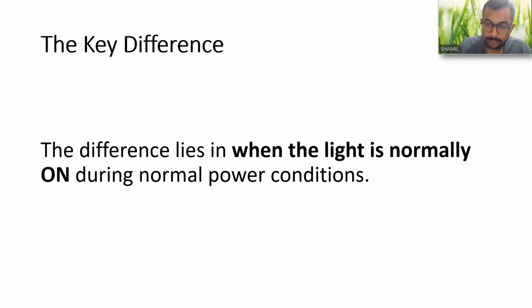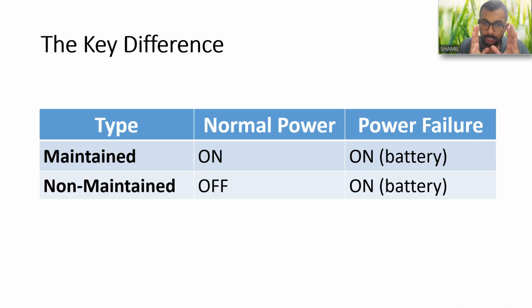Let's do a comparison. In the maintained type, during the normal power condition, the light glows. The light will be turned on. During power failure, yes, the light will be turned on, but you have to understand that if there is a power supply failure, then the emergency light will switch the supply to the battery backup, which is installed in the emergency light.